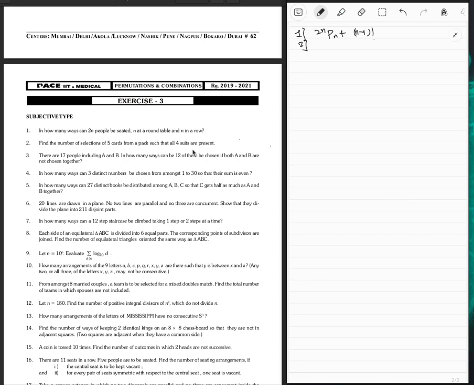In each way, first choose 2 from that single suit, which is 13C2 ways. From each of the other suits it's just 13, 13, 13, so 13 cubed. And there are 4 ways of doing that. This is our answer.